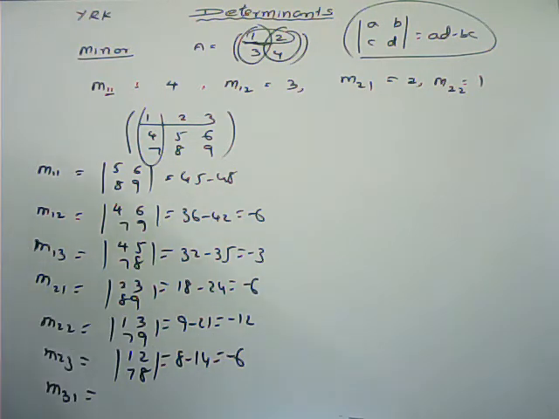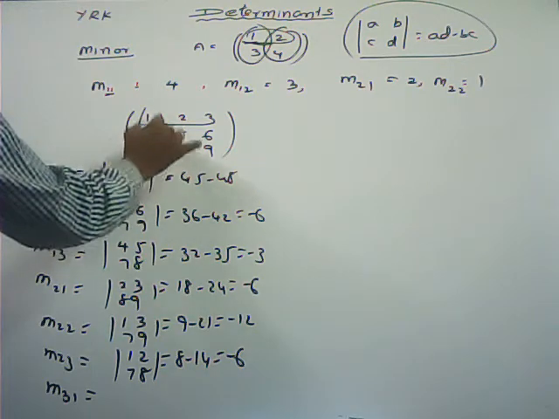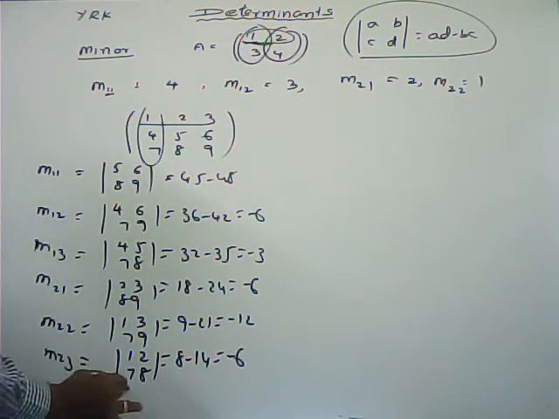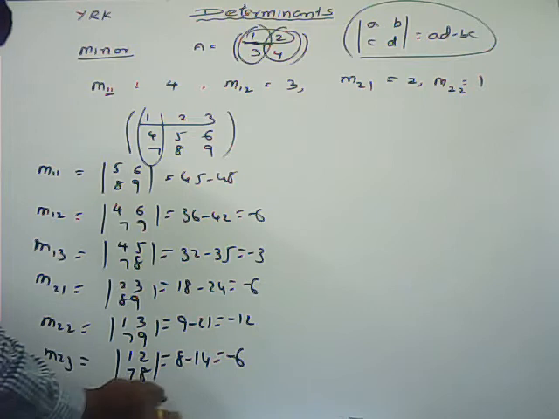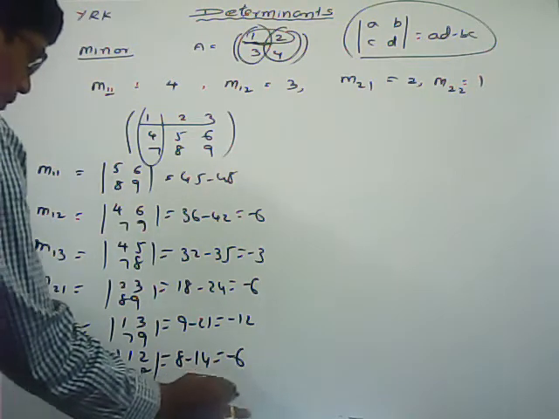M31 is equal to the third row first column, [2, 3; 5, 6], that is equal to 12 minus 15, that is minus 3.